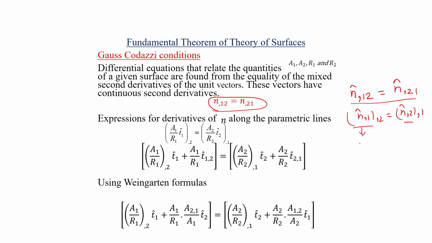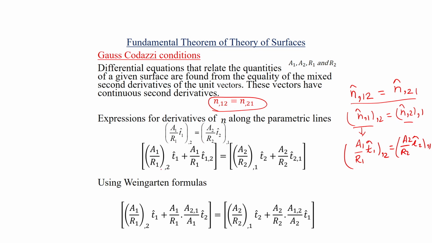Now, n hat 1, using the formula of Rodrigues, we can write like this, derivative 2 and A2 by R2 T hat 2 derivative of 1, and then differentiate with respect to 2.